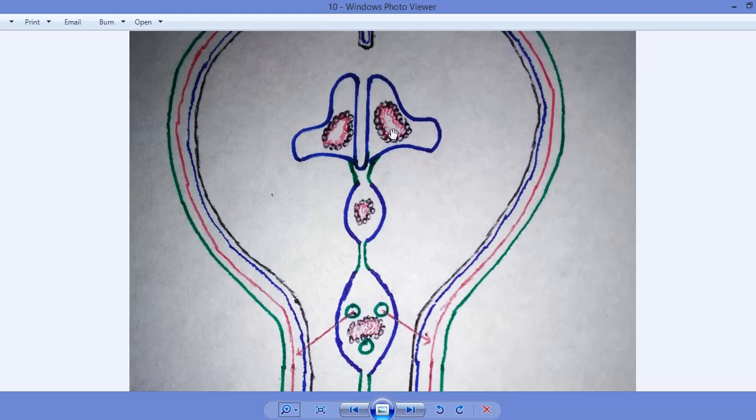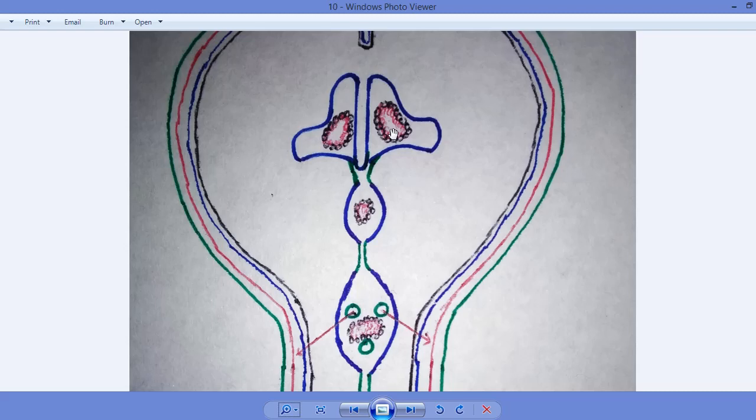The composition of the cerebrospinal fluid and plasma is just about the same, but the plasma contains a large amount of protein, while the cerebrospinal fluid contains a very low amount of protein and some white blood cells also.